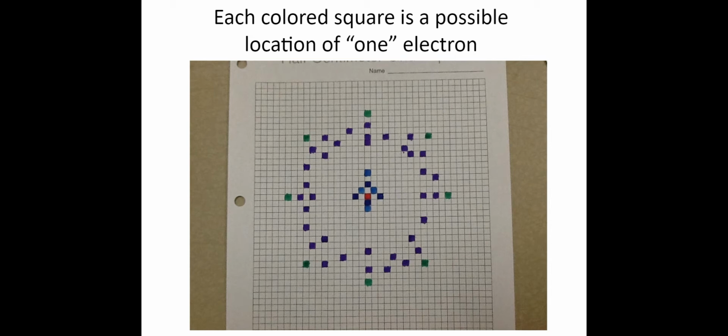The pattern that's starting to emerge suggests that most of the time, the electron is some distance away from the atom, like the dark purplish colored squares. Occasionally, it's a little bit farther out, represented by the green colored squares. And sometimes it's closer to the nucleus, represented by the filled in squares closest to the center.